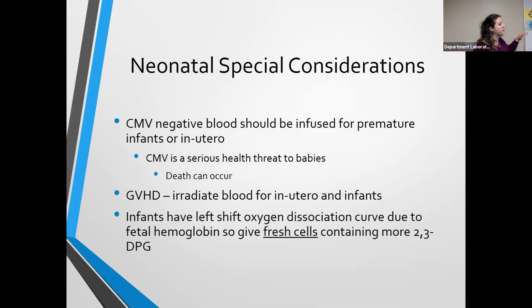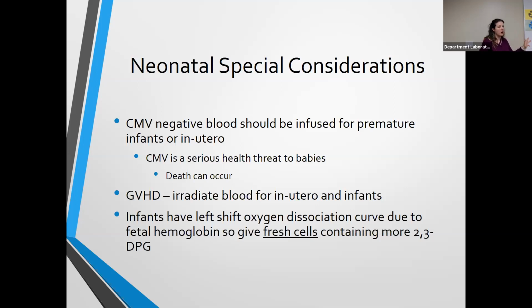Your babies are considered immunocompromised, so it's very hard for them to fight off CMV, all right? You and I, it's not really a concern, but for immunocompromised patients, transmission of CMV could be fatal to the neonates. And then, all right, so CPD, fresh, CMV negative or leukodepleted, and irradiated, all right, to prevent graft versus host disease.